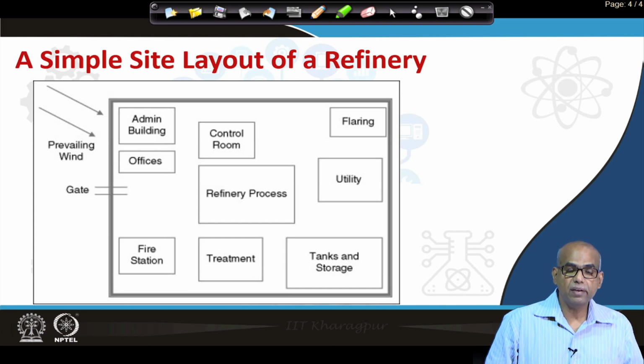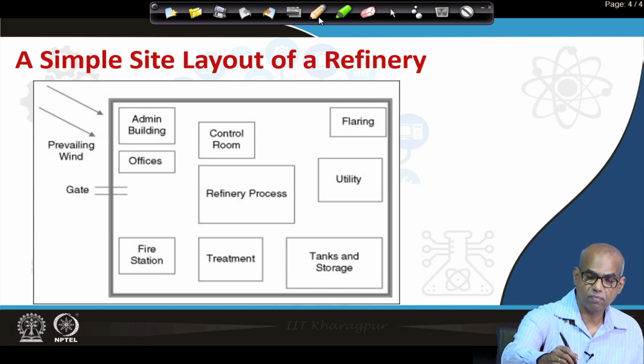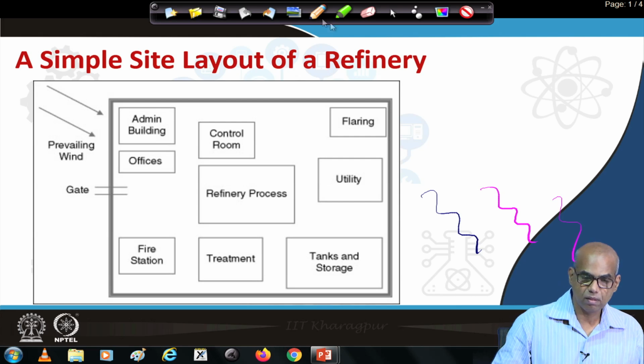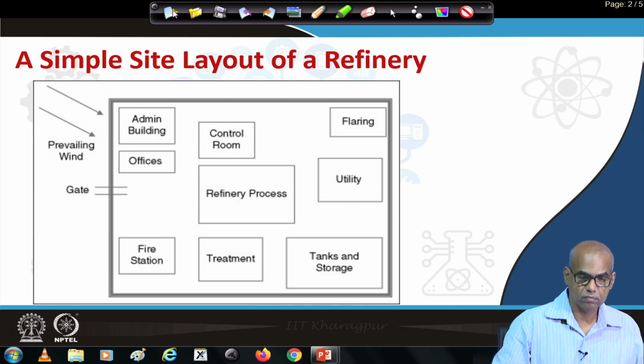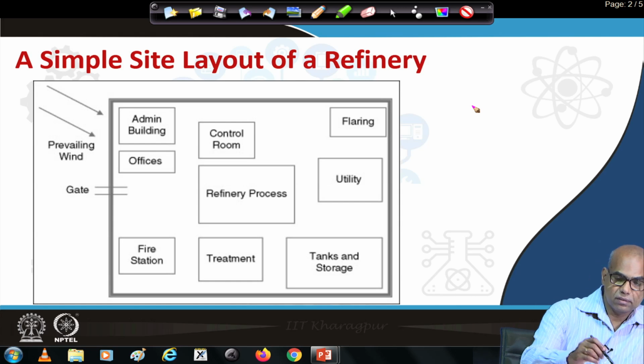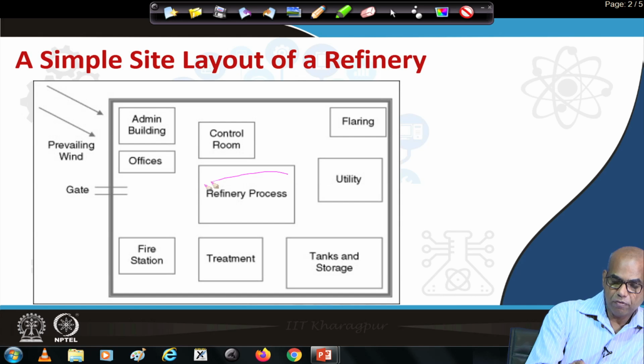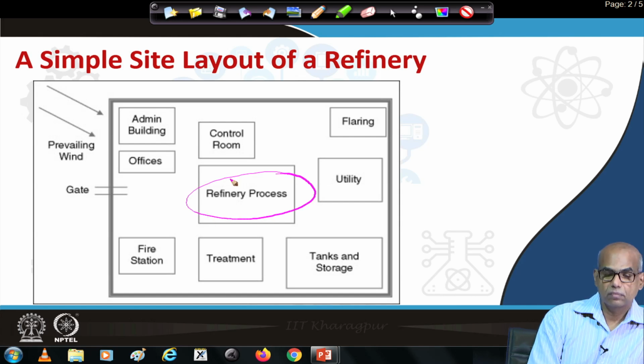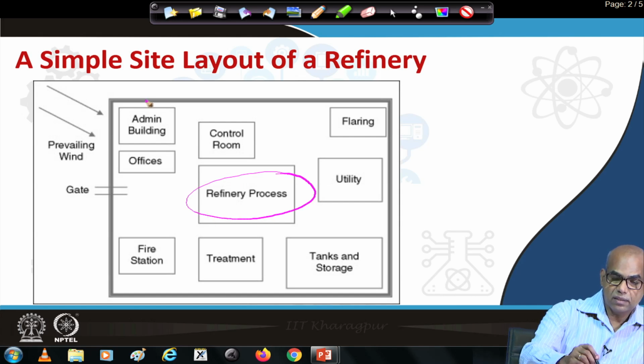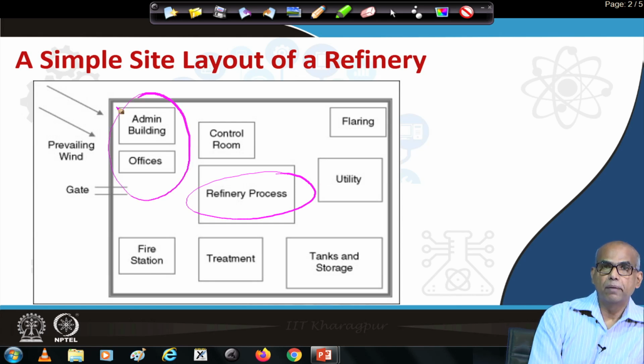This is a simple site layout for a refinery. So, look at the layout. You have the main refinery process here. These are the occupied buildings, the administrative building as well as offices.